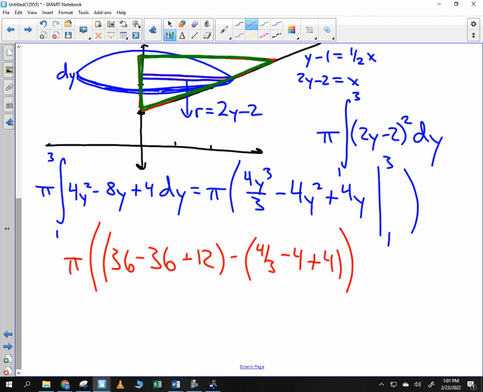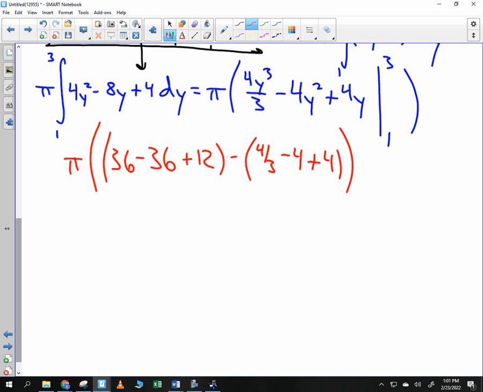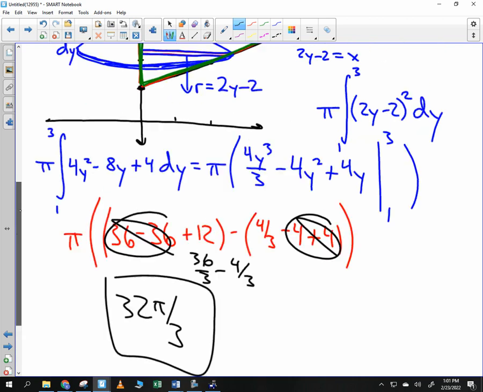Thank you. So this problem actually works out quite nicely. Notice how the 36's cancel. Notice how the 4's cancel. And we get 12 minus 4/3, or 36/3 minus 4/3. What will that give me? 32 pi over 3 is that exact volume.